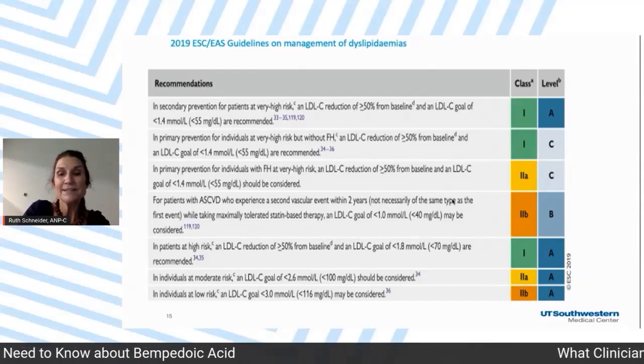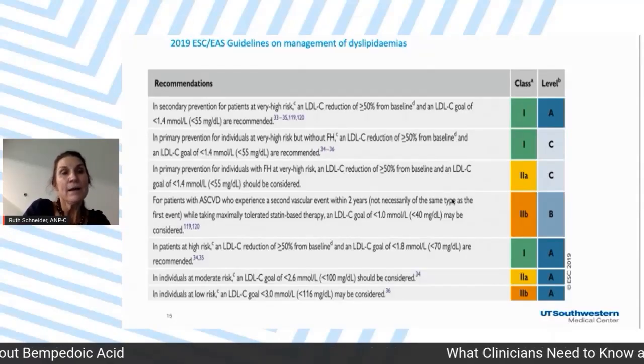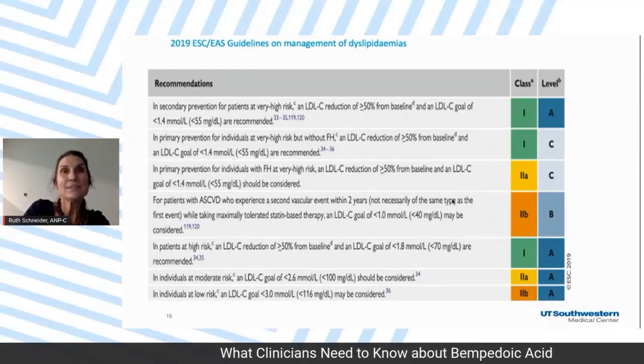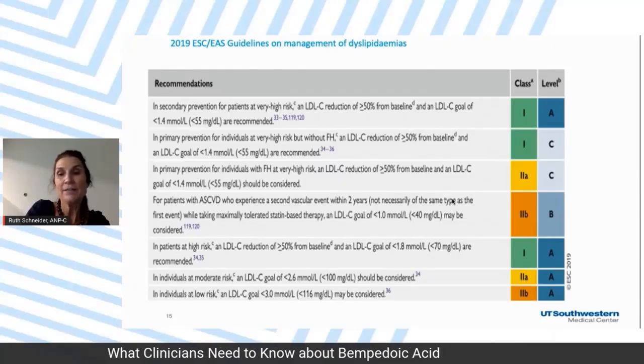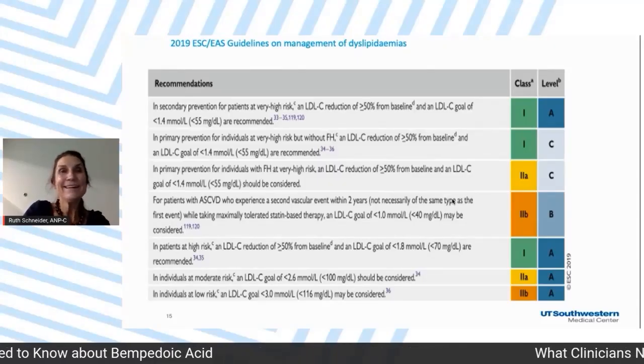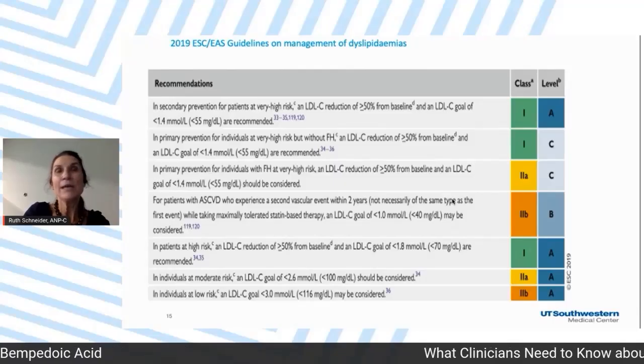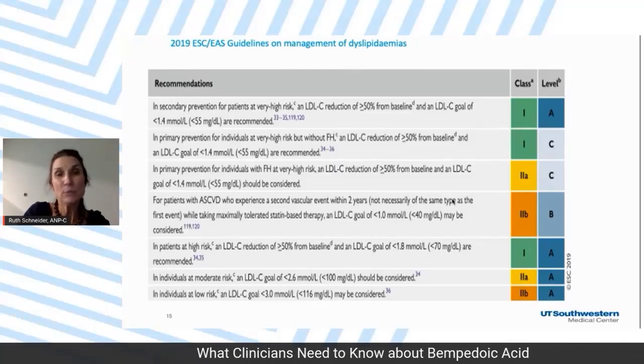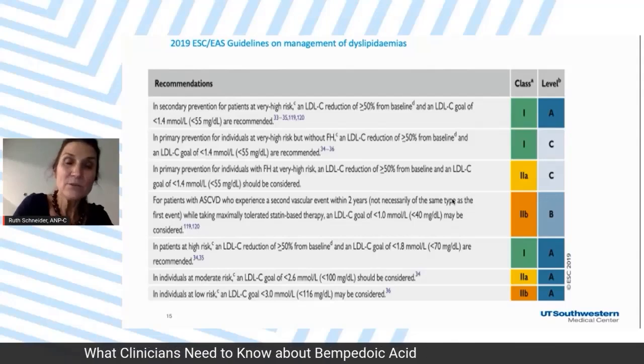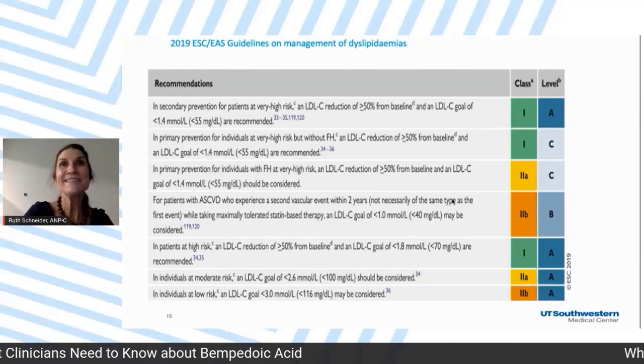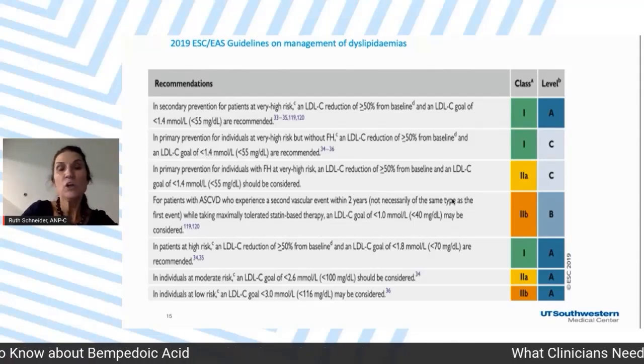One of the reasons is that the American AHA, ACC guidelines take cost consideration into account when writing their guidelines. The European guidelines basically say, barring everything, in the ideal situation, what would we like to see? And that is one of the reasons for the difference in the LDL goals.